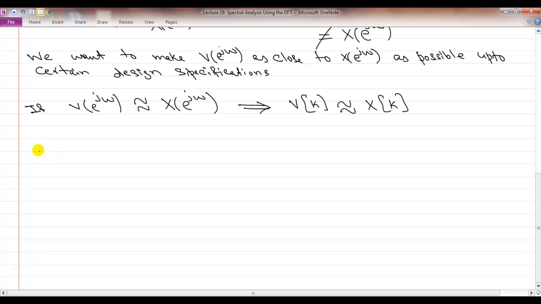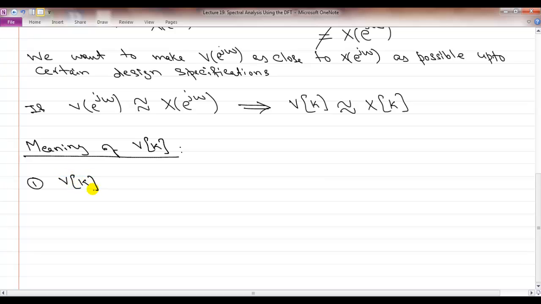So let's ask ourselves, what is the meaning of DFT coefficients in terms of their relationship to the continuous frequencies. Okay, so we know that V of k, the DFT coefficients, provide us with samples of the DTFT.